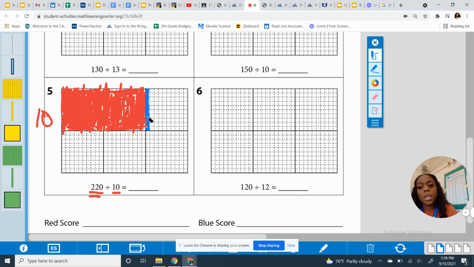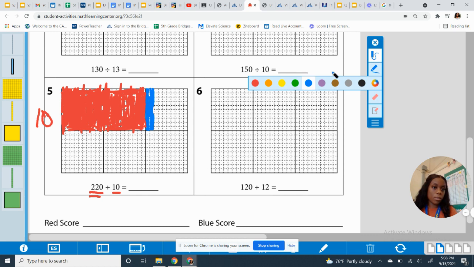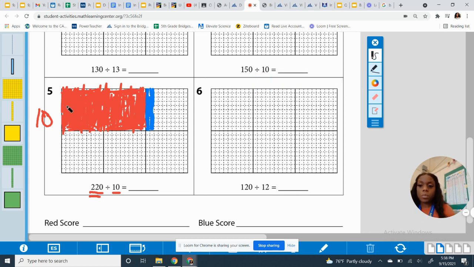So we have 210, then we go again, 220. So all in all, we have shaded in our handy dandy dividend, 220. Perfect.